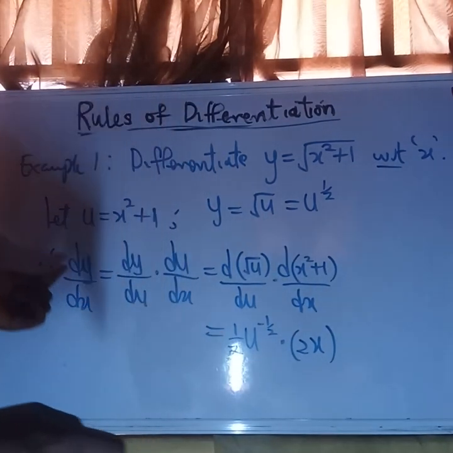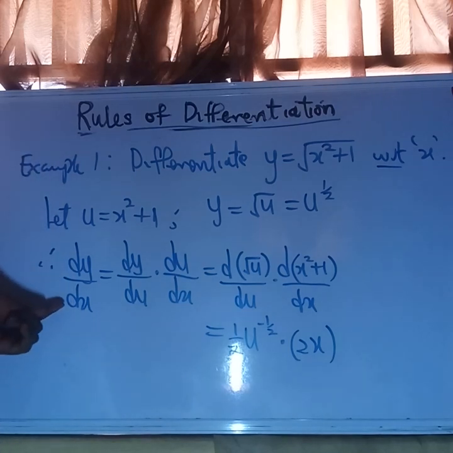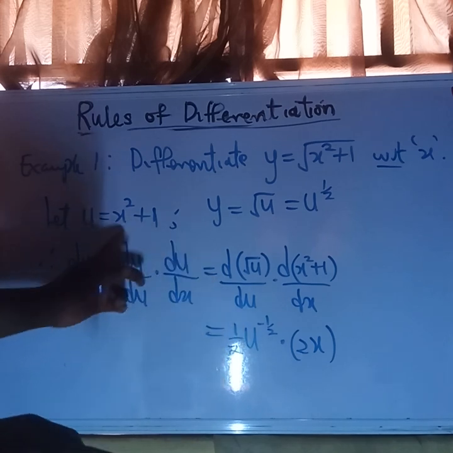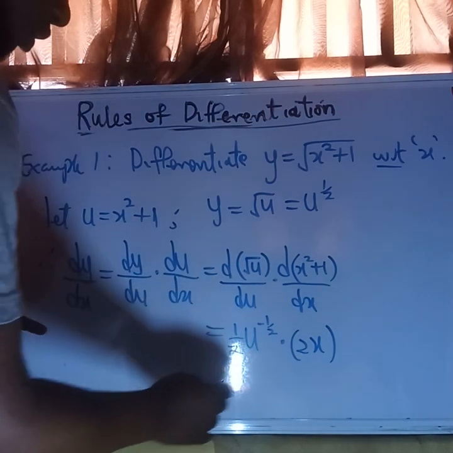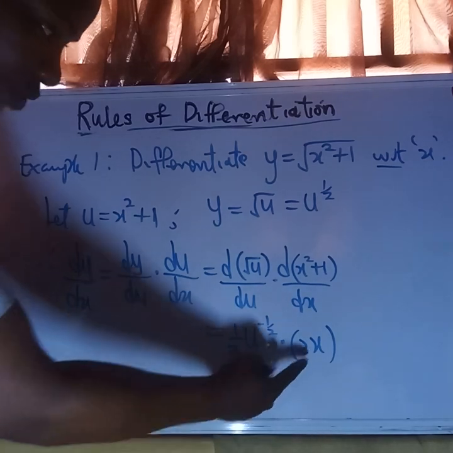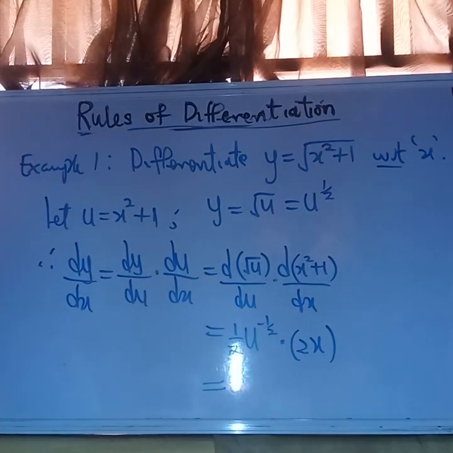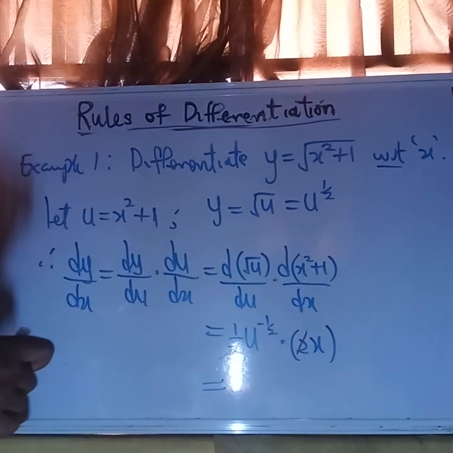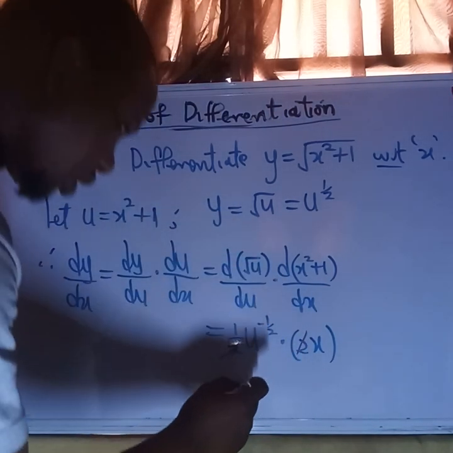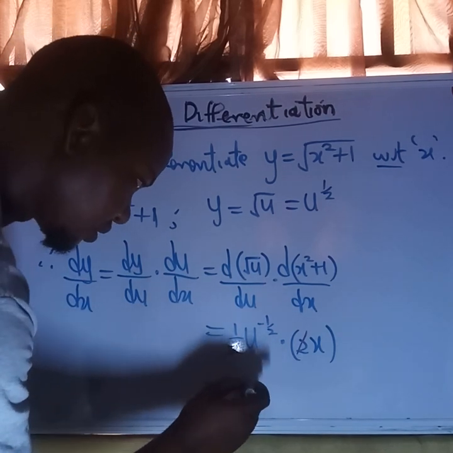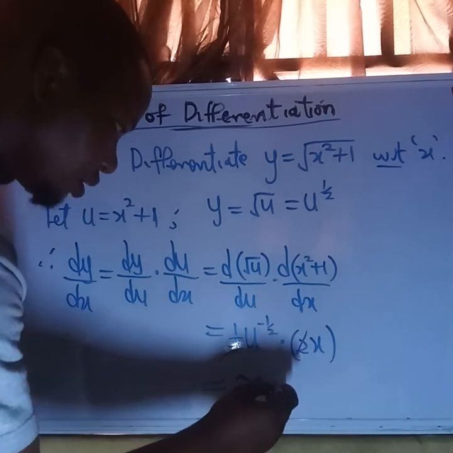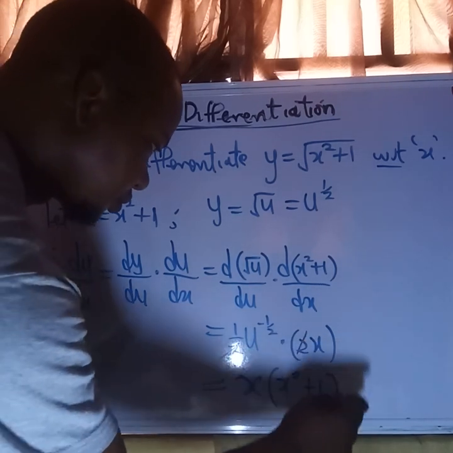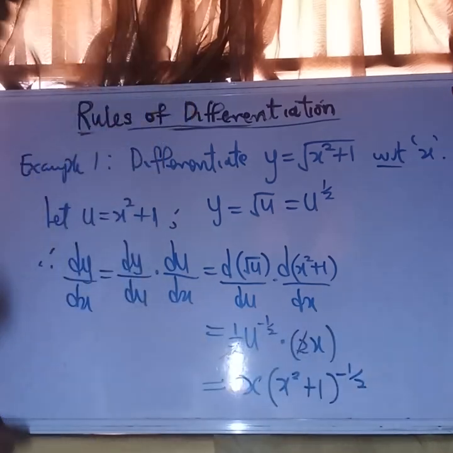Since the derivative is with respect to the variable x, the term u here will be replaced by its original form, and we see that these two cancel out, and we are left with x multiplied by x squared plus 1 raised to the power of negative a half.